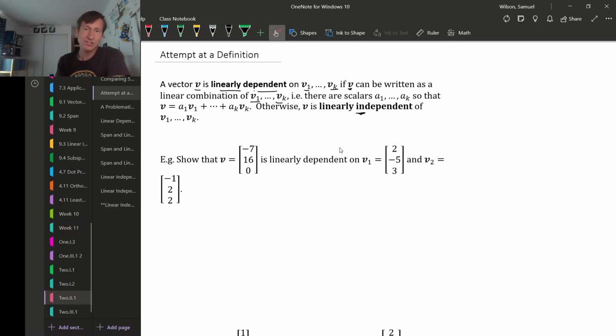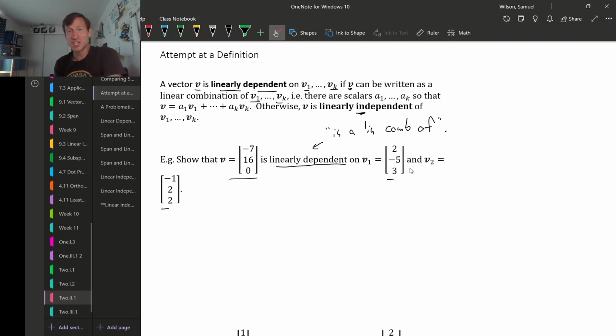All right, so just for an example, let's show that this vector is linearly dependent on these two vectors. Remember, linearly dependent is just yet another way of saying is a linear combination of. For now, that's what that phrase really means.